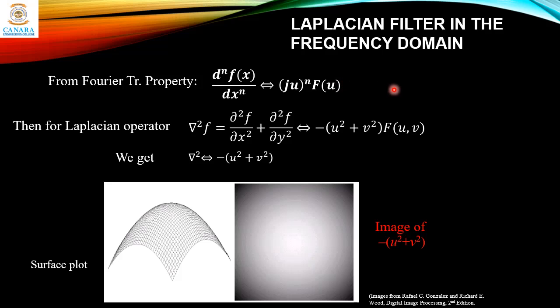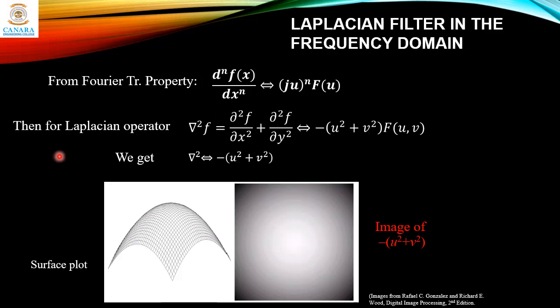We have studied the Laplacian filter in the spatial domain. Let us explore its frequency domain version. From the Fourier transform property, the transform of d^n f(x) by dx^n is (ju)^n times F(u).